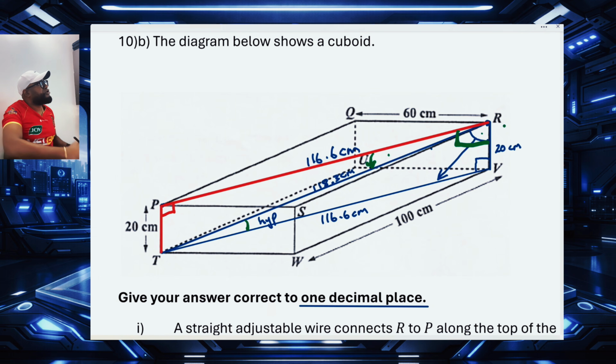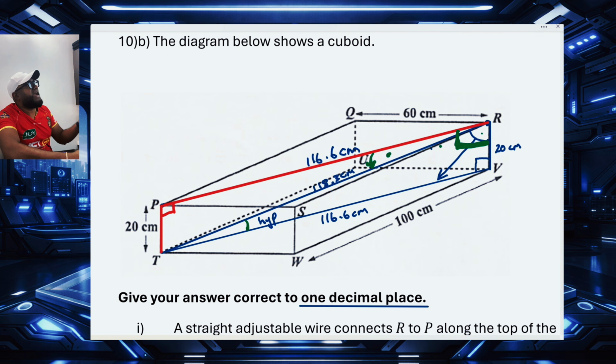So this angle up here, which is P to R to V, is 90 degrees. So that 90-degree angle includes the angle we just found plus this green angle here. So how do we get this angle?